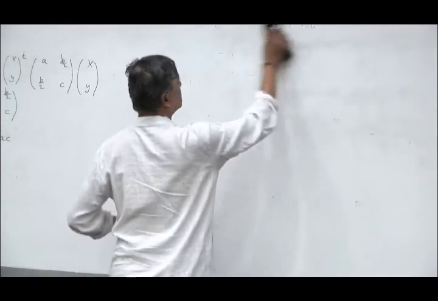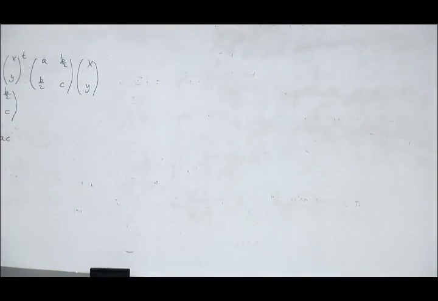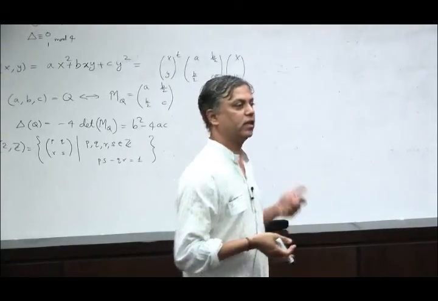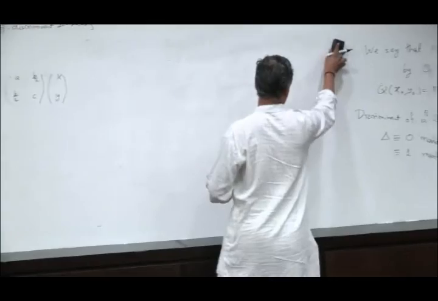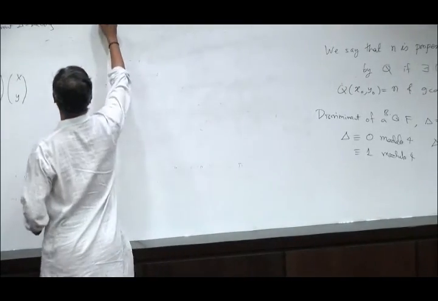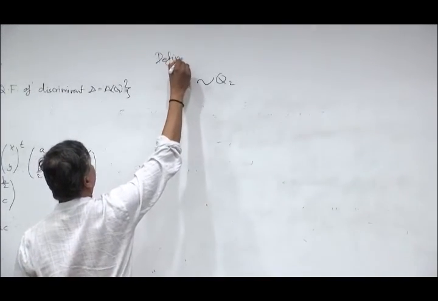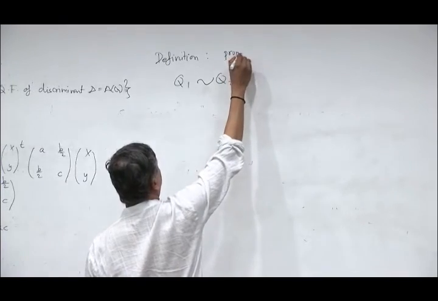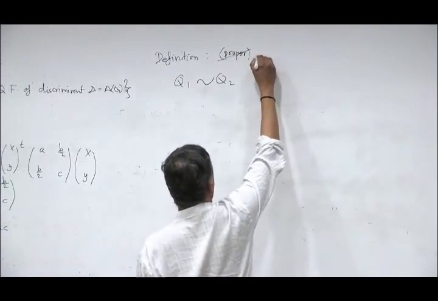And again, all this is with the point of view of wanting to write n as a value of a quadratic form: which n's are representable as a sum of two squares, or in general by a quadratic form. So we say that q1, definition: this is actually, in Gauss's terminology, proper equivalence, but we'll drop this word.